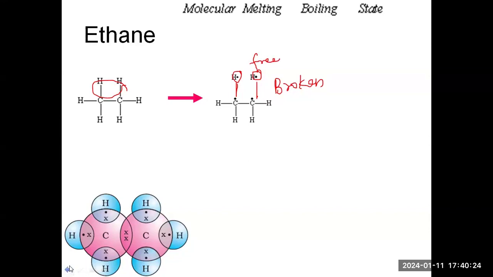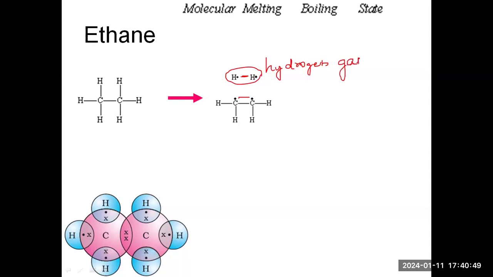Because the electrons are free, this molecule becomes unstable. But it has to get stability. So what does it do? These two carbon atoms form a bond here, and these two hydrogen atoms form a bond here. This makes hydrogen gas.